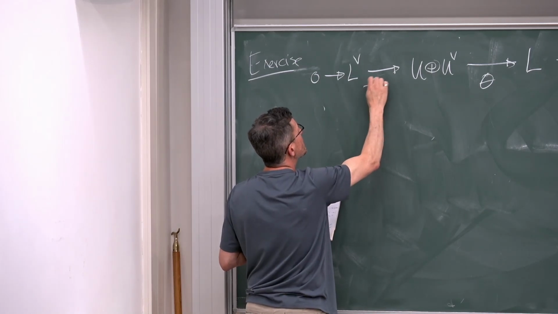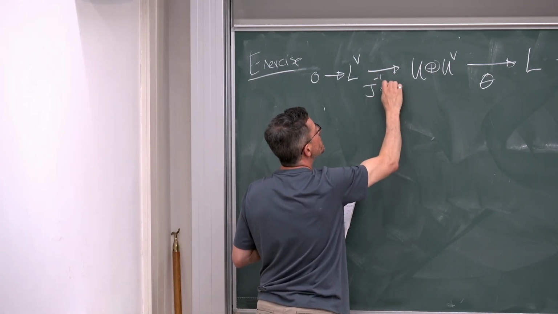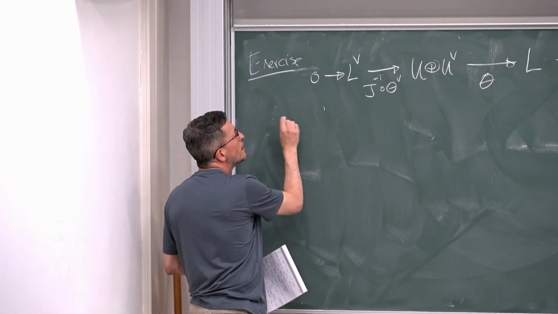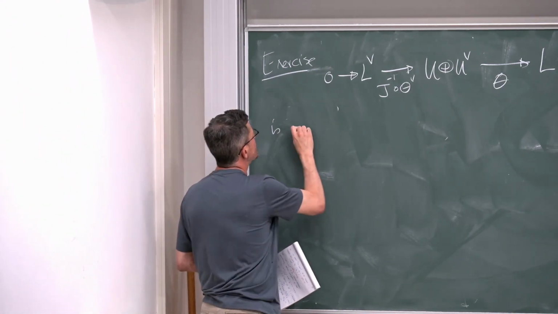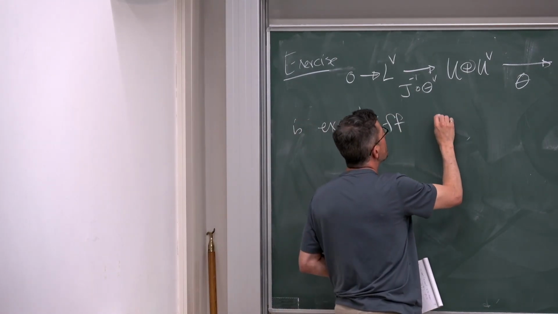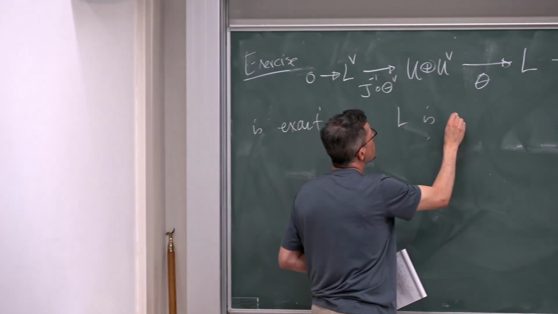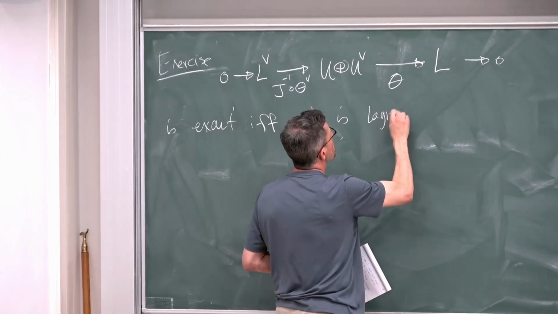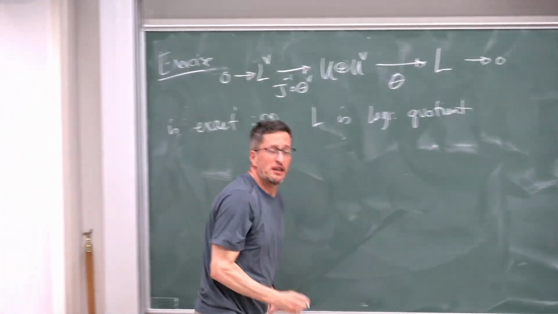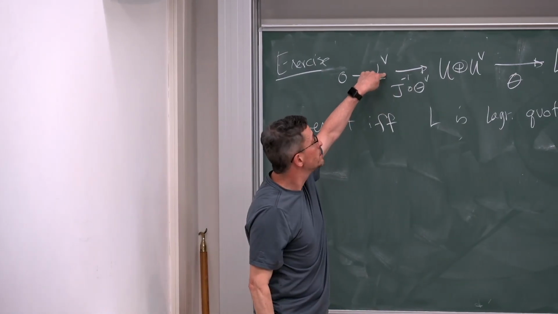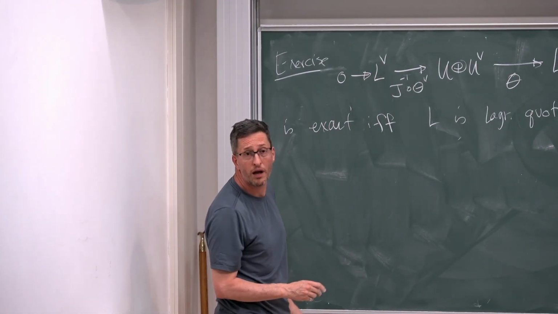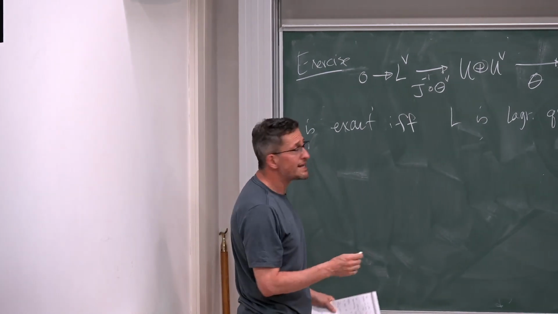So this is J inverse composed with theta dual. And the exercise is that this is exact if and only if L is a Lagrangian quotient, or, of course, if and only if this is a Lagrangian sub.